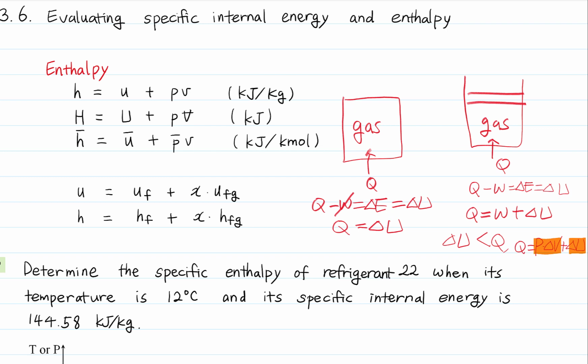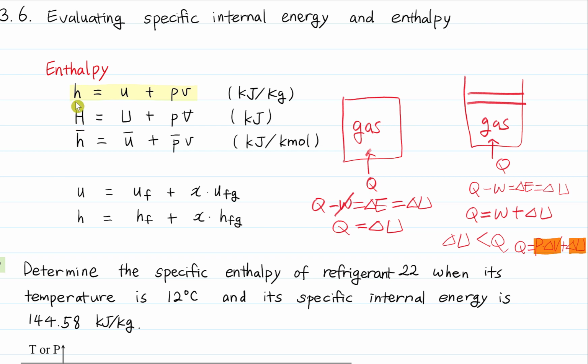Enthalpy is defined as the sum of the internal energy U and the product of pressure P and the volume V. And P is the absolute pressure. The lowercase u indicates intensive property. So unit of enthalpy is kilojoule per kilogram.